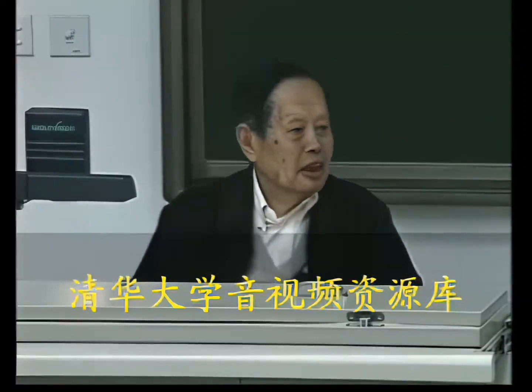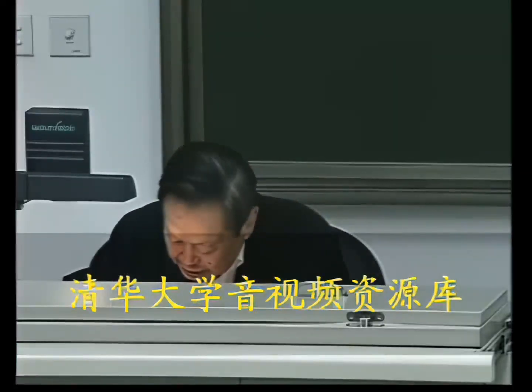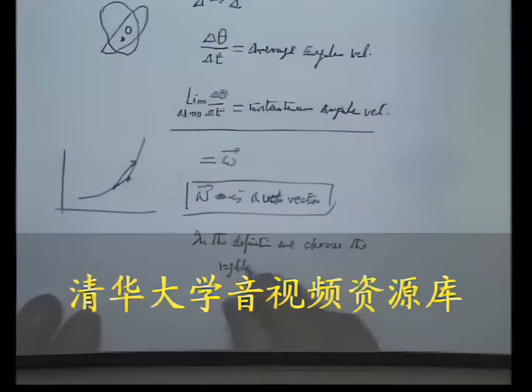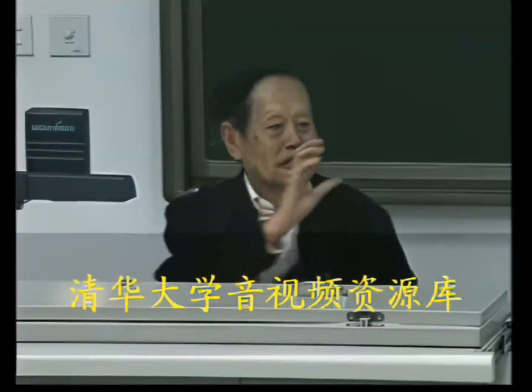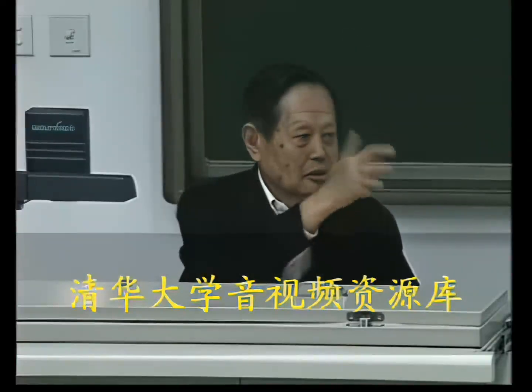And we define it as a right-handed one. In the definition, we choose the right-handed system. There's an axis. The axis can go either way, but we define it such that if the rotation is this way, we define it to be that way. Okay, so that's called a right-handed system.